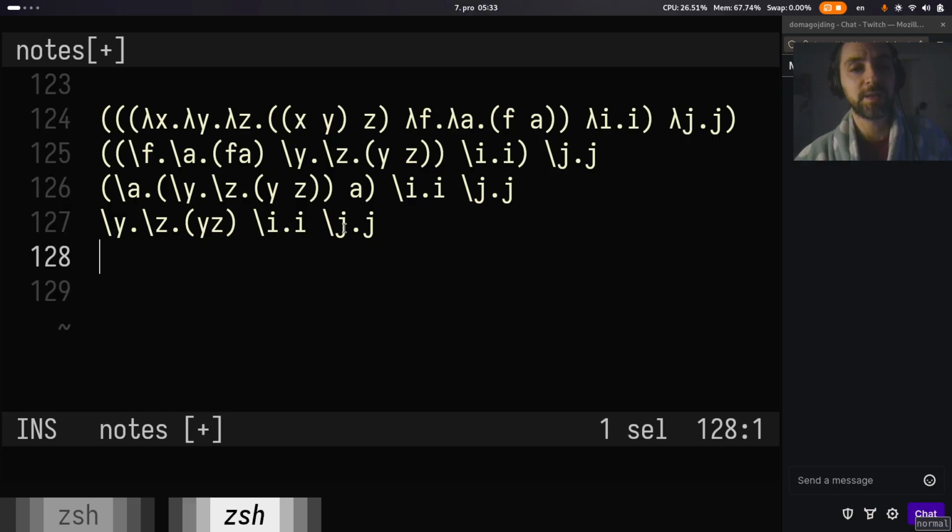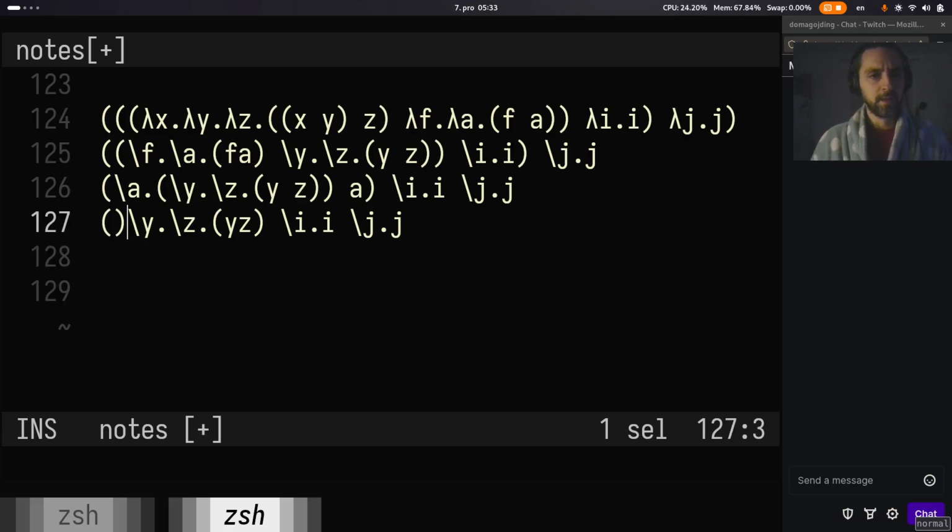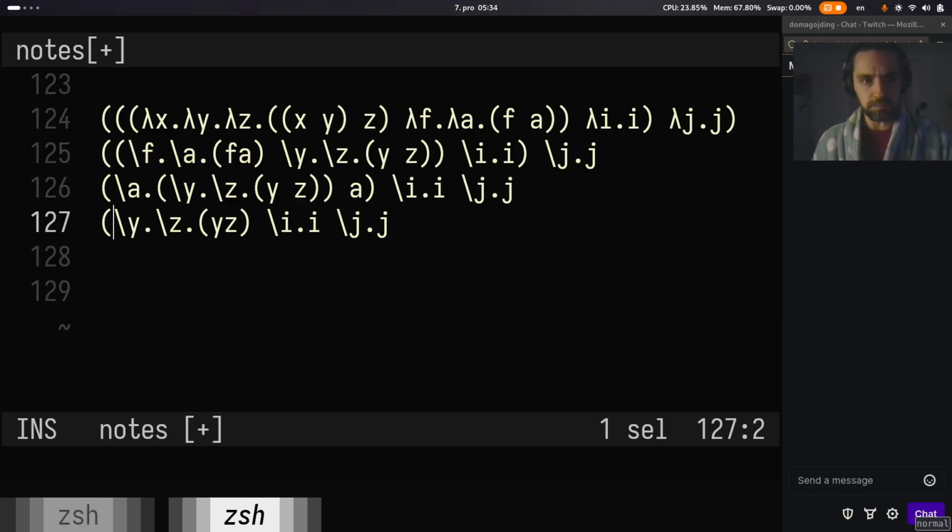And outside of that, I didn't put the parentheses, lambda j dot j. Maybe I should have put it, it will make more sense. Like this.